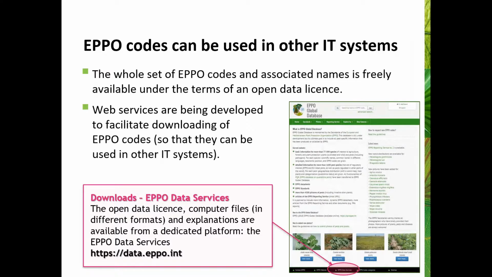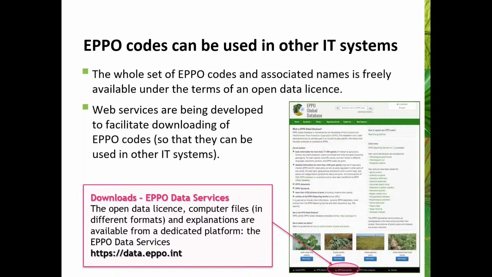The very important point when we are talking about the EPPO codes is that they have been created to be used in other IT systems. So they've been created especially for that purpose. So the whole set of EPPO codes and associated names is freely available from a dedicated interface, which is called the EPPO Data Services.